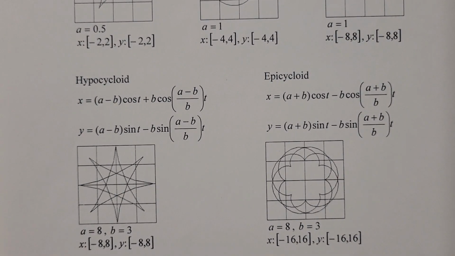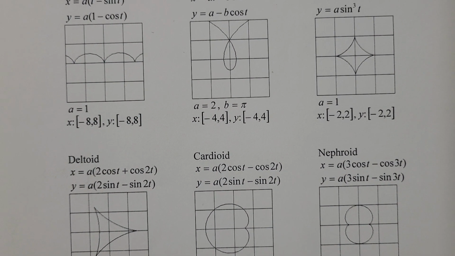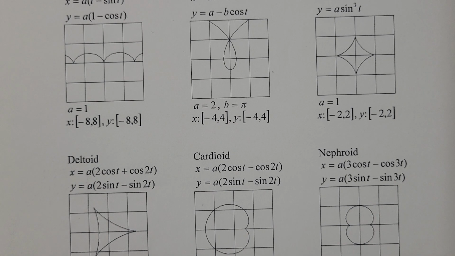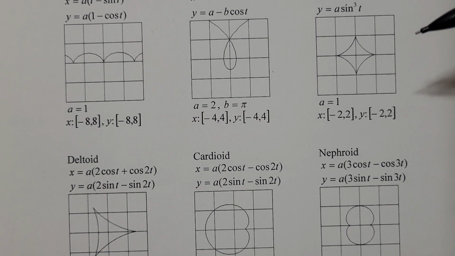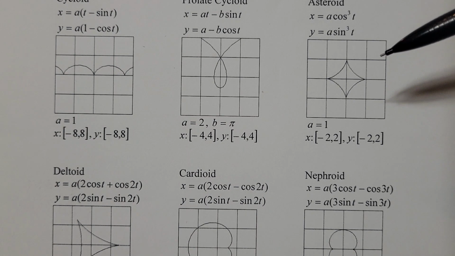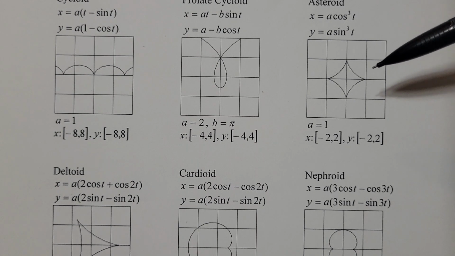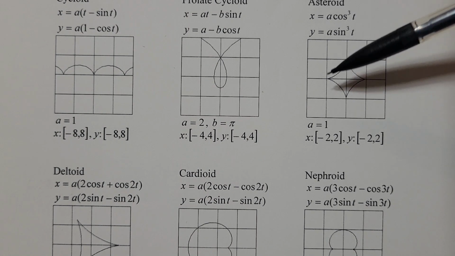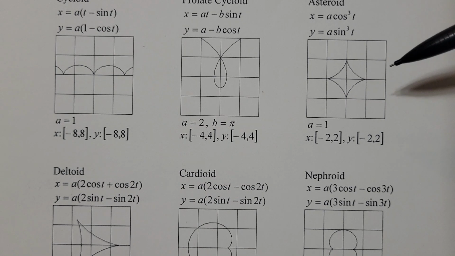And let's see, an asteroid would be where the radius of the smaller circle is 4 times as small as the radius of the bigger circle. Okay, if you have that, you'll create an asteroid curve.